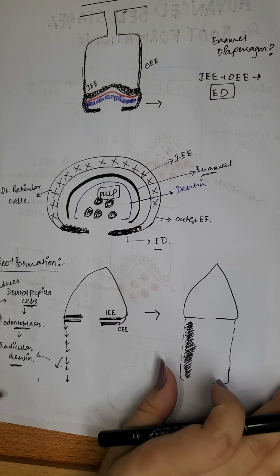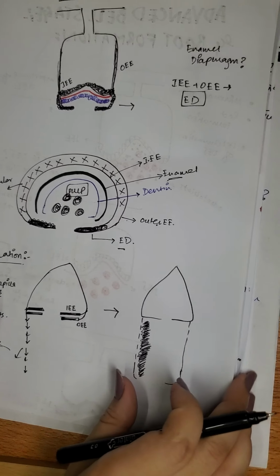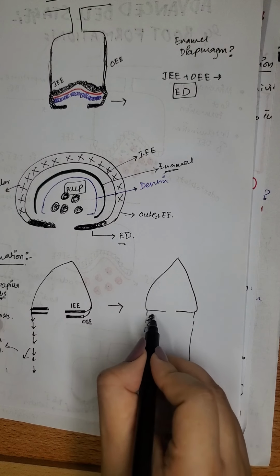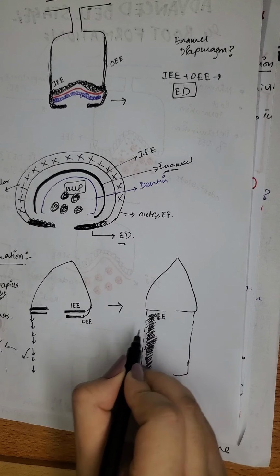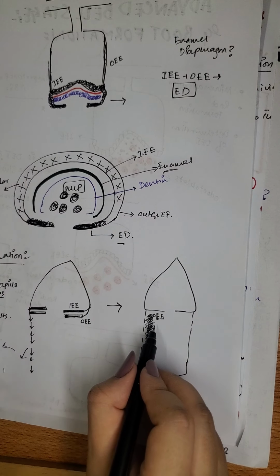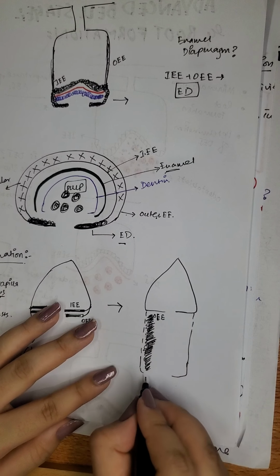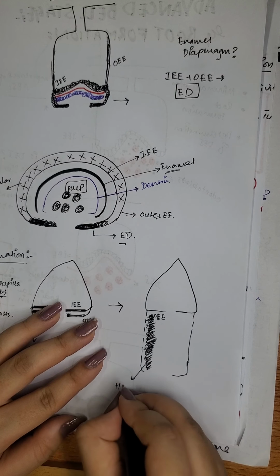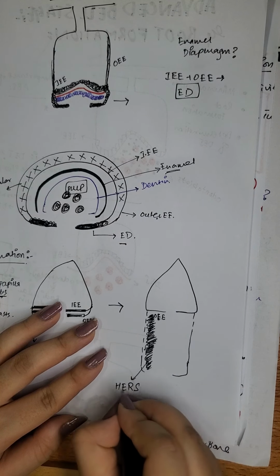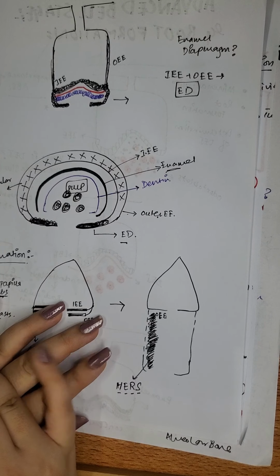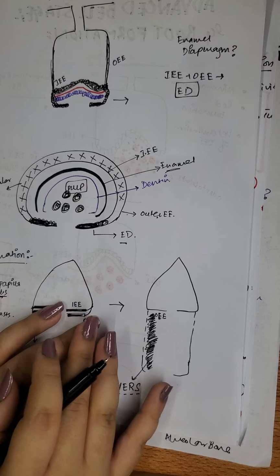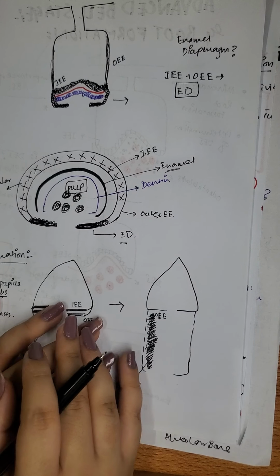And the outer enamel epithelial layer is going to form the epithelial root sheath, or Hertwig's epithelial root sheath. This is the sheath that is formed and helps in the formation of the root of a tooth.